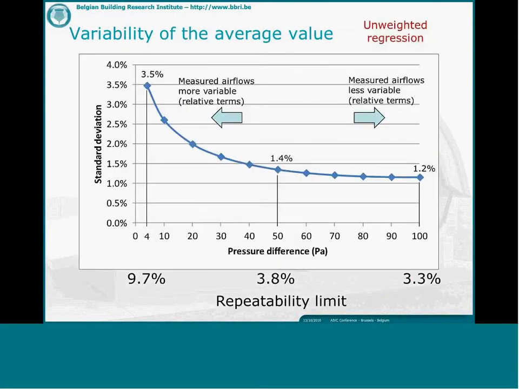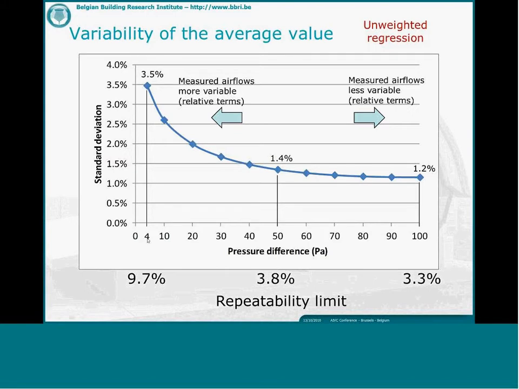On the screen, you see the standard deviation of the results. And as you can see, they are more variable at 4 Pascal than at 100 Pascals. The reason is that the measurements themselves at 4 Pascal were more variable than at 100 Pascals.